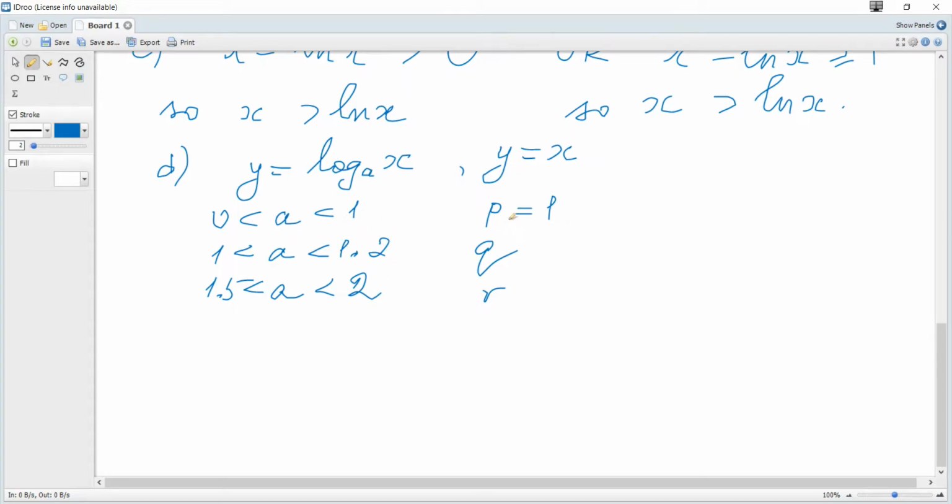There are the same number of points of intersection for a given interval, so it's enough to consider some specific value from a given interval. For example, here we can consider a to be 0.5, and we can see that there is only one point of intersection.